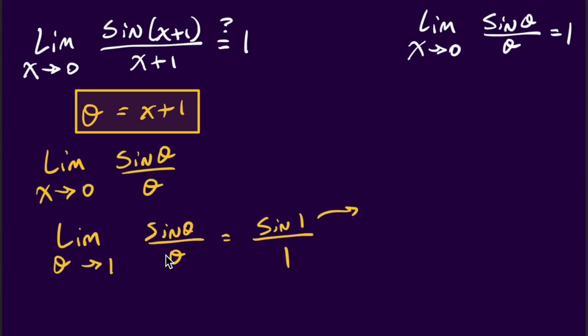And if you plug that into a calculator, you're going to see that the sine of 1 equals this number here, 0.01745, and clearly this does not equal 1. So in this scenario, it does not hold. You can't identify the argument in the denominator and jump to the classic limit. Notice here, folks, originally x was going to 0, theta changes and goes to 1. Incidentally, this 1 here is in degree mode.